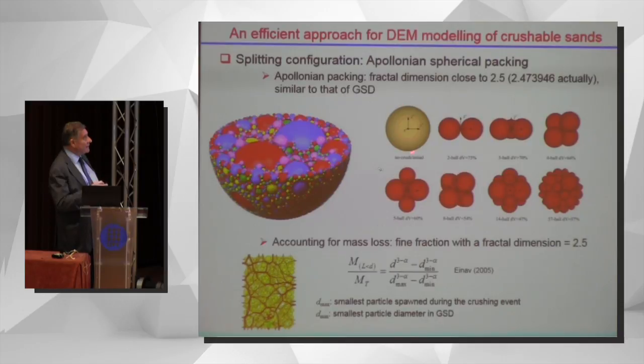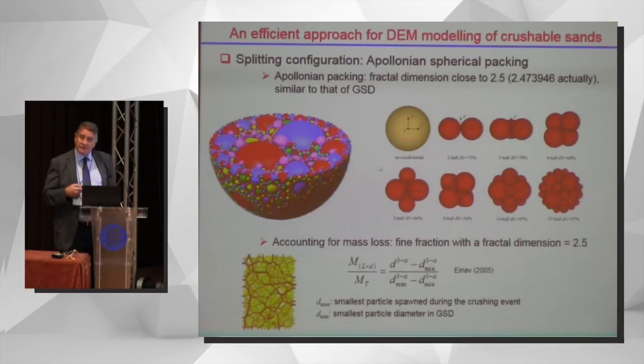So we have the parent particle, and it's replaced by a number of daughter particles which are inscribed inside, maybe 2, 3, 4, etc., up to 57 or more. Of course, there is some mass loss when you do that, and this mass loss actually reduces with the number of particles.